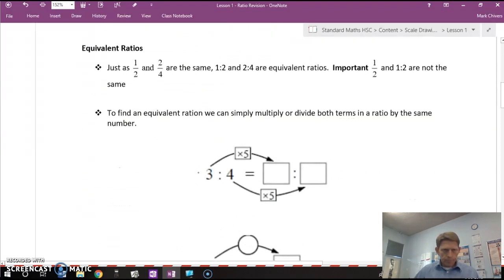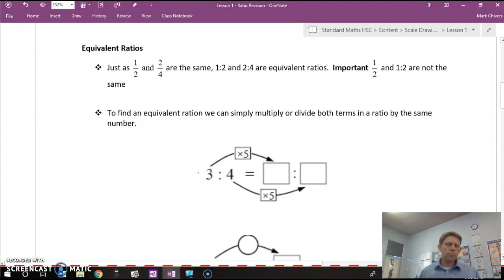Just as a half and 2/4 are the same, if I have half a pizza and someone else has 2/4, we both have the same amount of pizza. So just as those are the same, a ratio of 1 is to 2 and a ratio of 2 is to 4 are equivalent. But it is important to note that a half and 1 is to 2 are not the same thing.